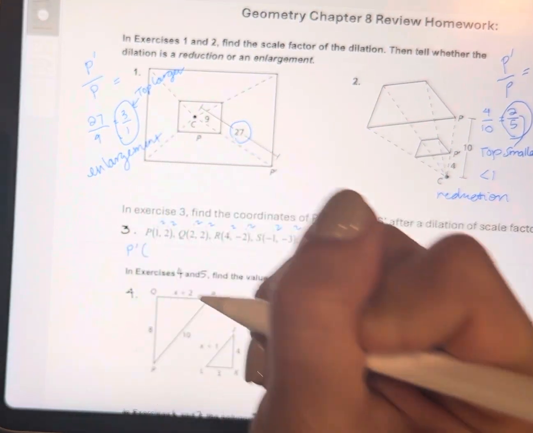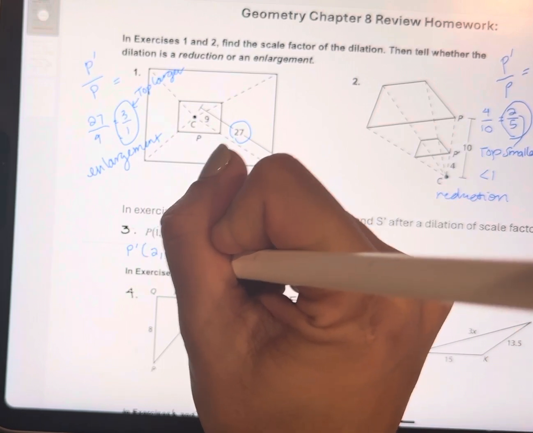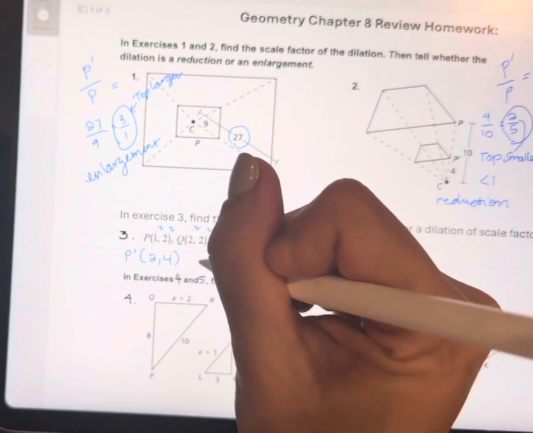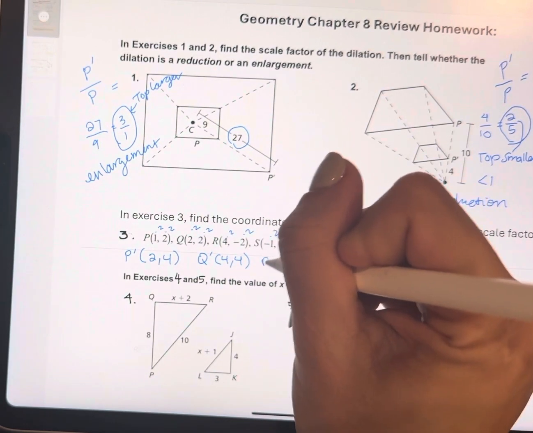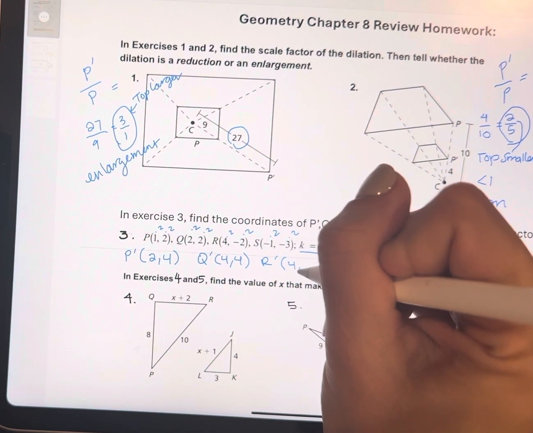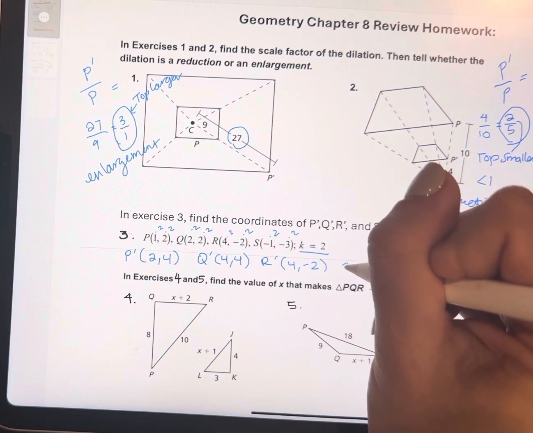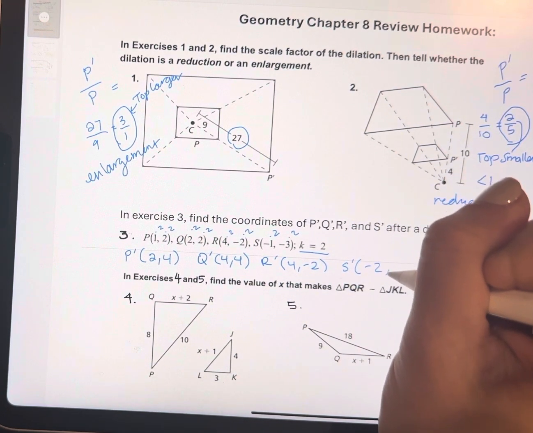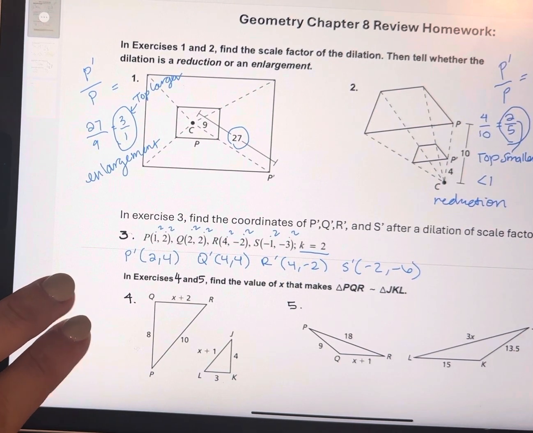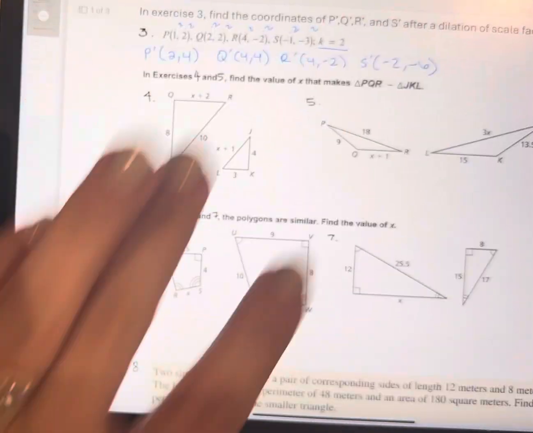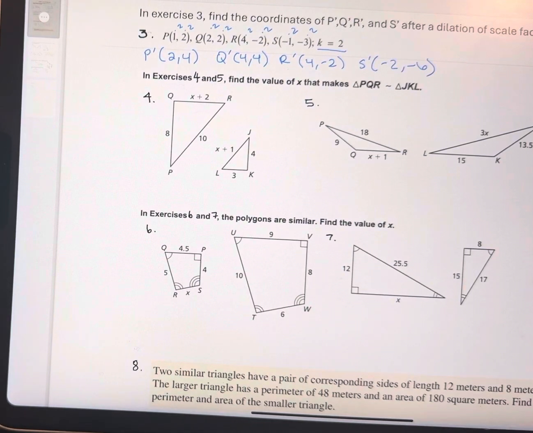P prime, 2, 4. Q prime, 4, 4. R prime, 4, -2. S prime, -2, -6. Alrighty. Easy peasy. Okay, now let's go on to 8.1 stuff, similarity.